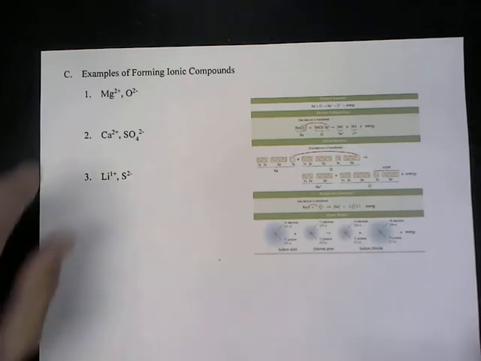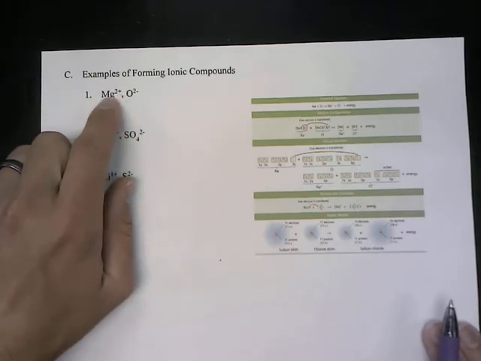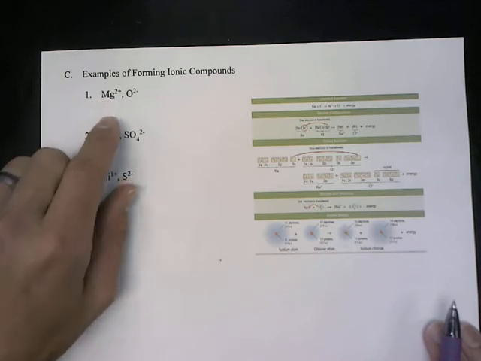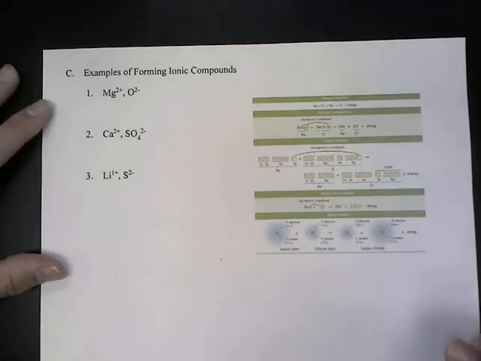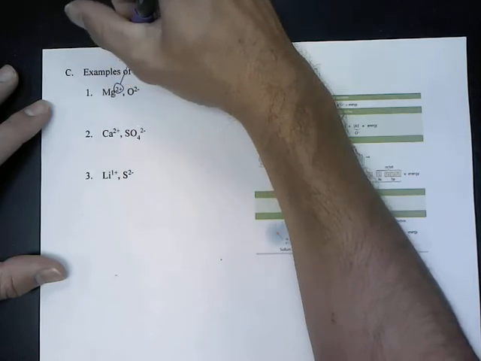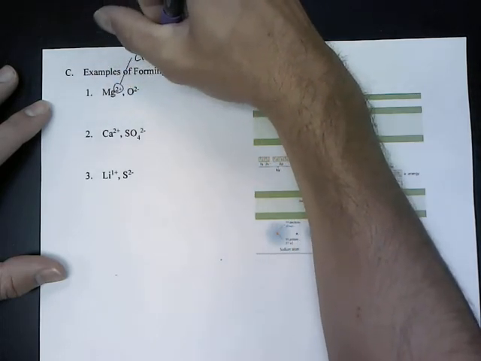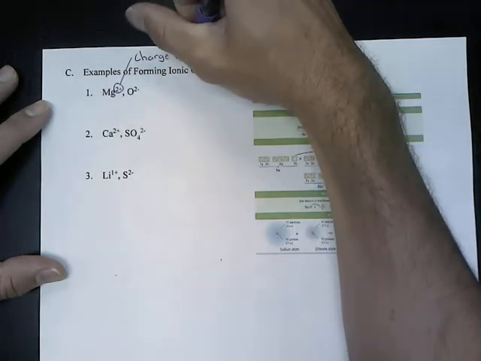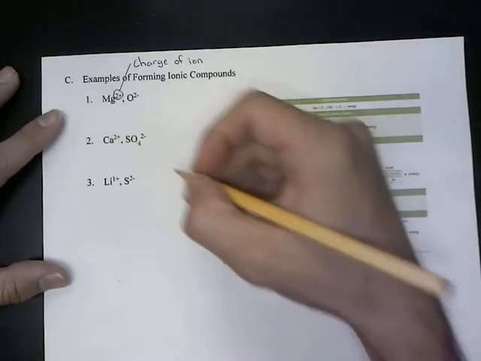The charge here is the charge formed when these elements form an ionic compound or enter into an ionic bond. These little superscript numbers are the charge of the ion. The question that should be going through your mind is, how did we get to that charge? That's what I'm going to explain here.